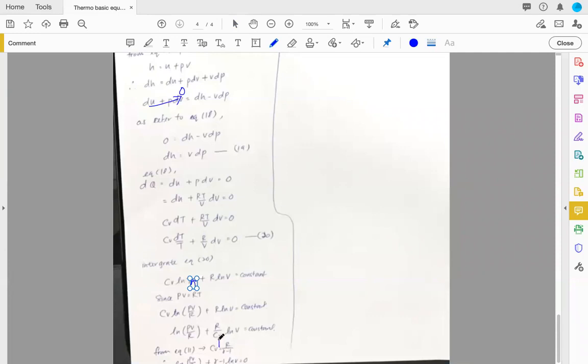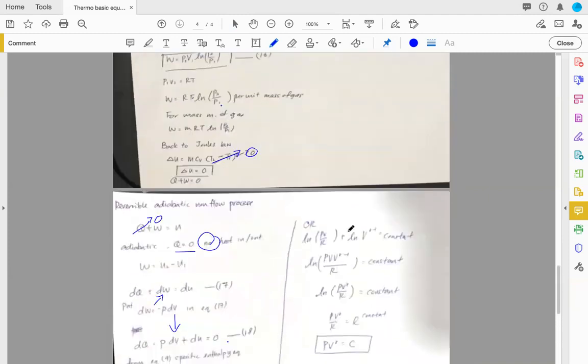So we can put it here, and therefore we have ln PV over R plus gamma minus 1 ln V equals constant. So why do I explain this? Most of the time, gamma is given and it happens that you have the pressure and the volume, and you can solve the whole thing.